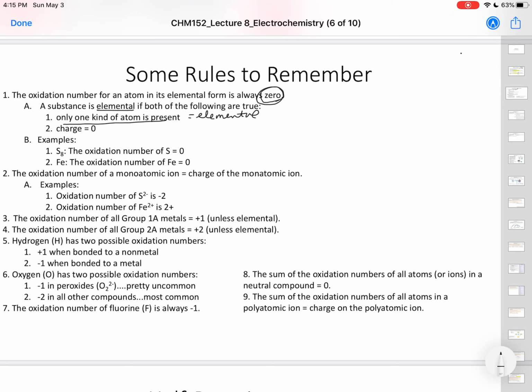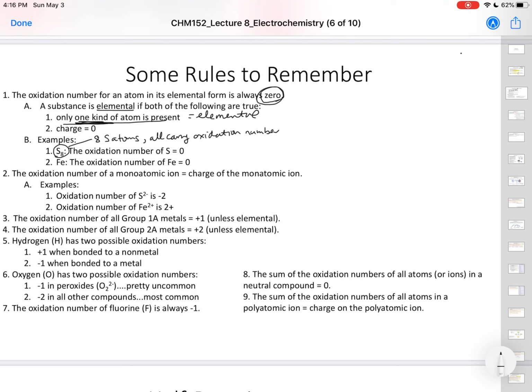Now, it's very interesting because things like S8, there are 8 sulfur atoms bonded together, but they all carry an oxidation number of 0, because there's only one kind of atom present, and that is the sulfur.